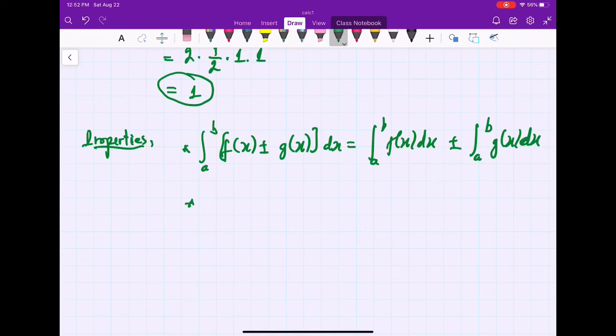And if you have some constant c in here, you can take the constant out of the integral. And again, all this just comes from the definition of definite integrals.